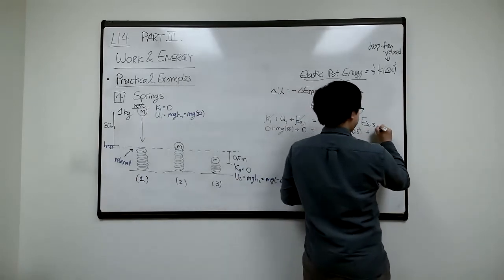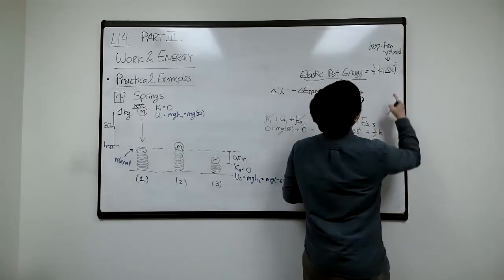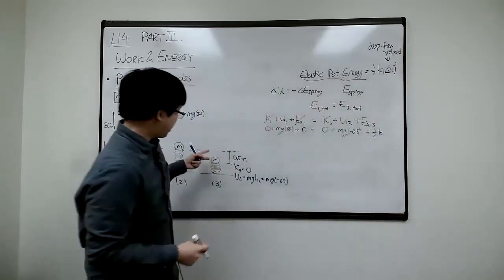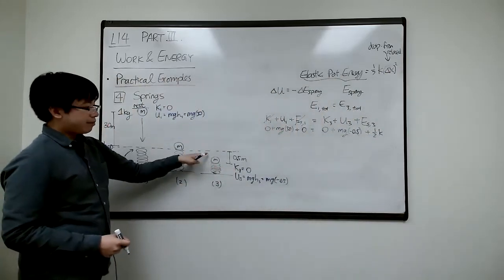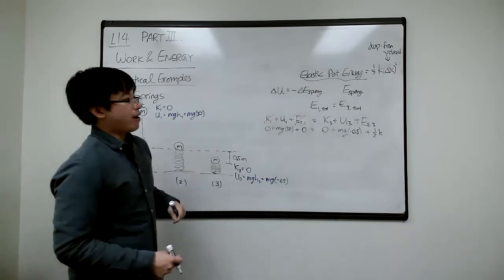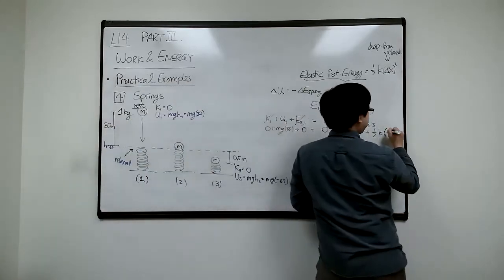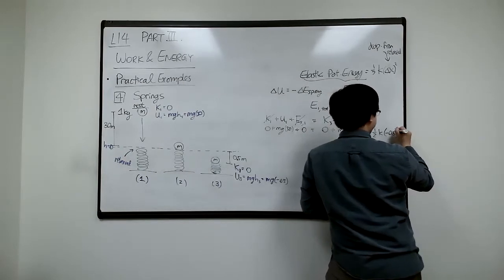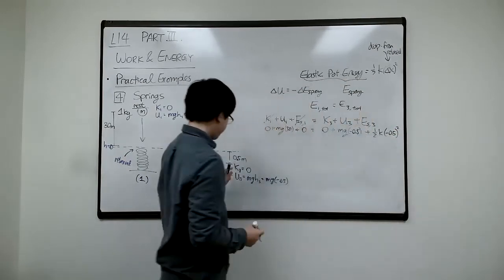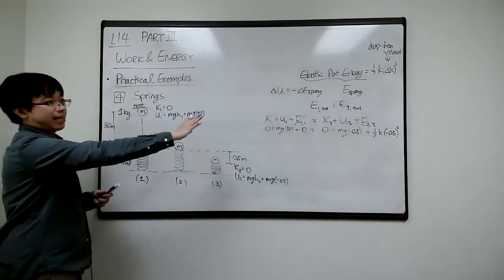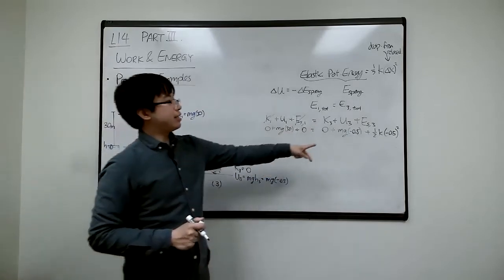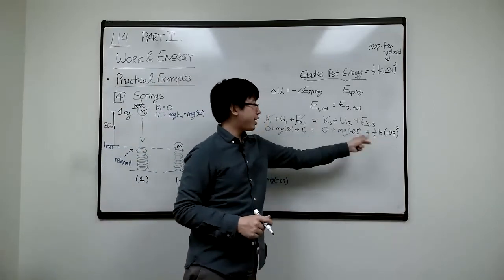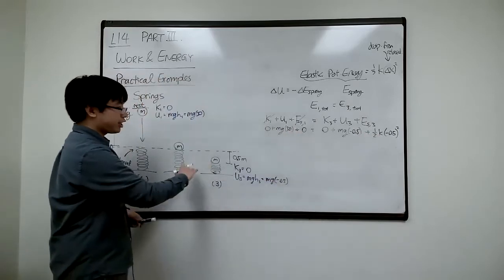And E spring is half K delta X squared. So what's the change from equilibrium? It went down by 0.5, so delta X is minus 0.5 from the relaxed position, squared. It's in meters, okay? So that's done. The minus sign isn't too important over there, but just for consistency, again, for whoever's checking my work, they can tell.